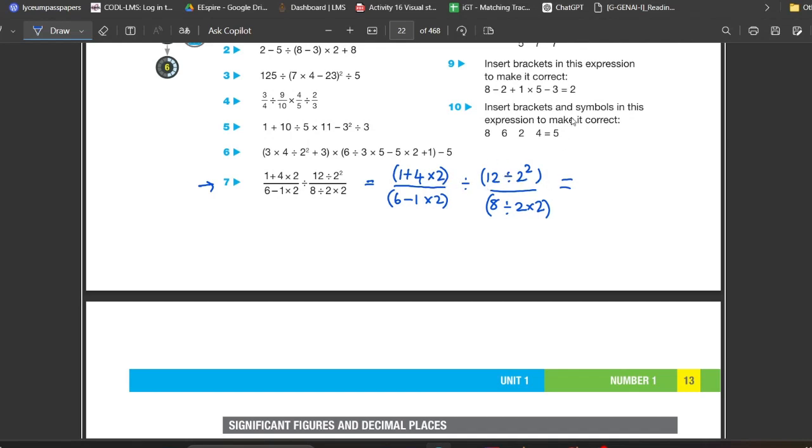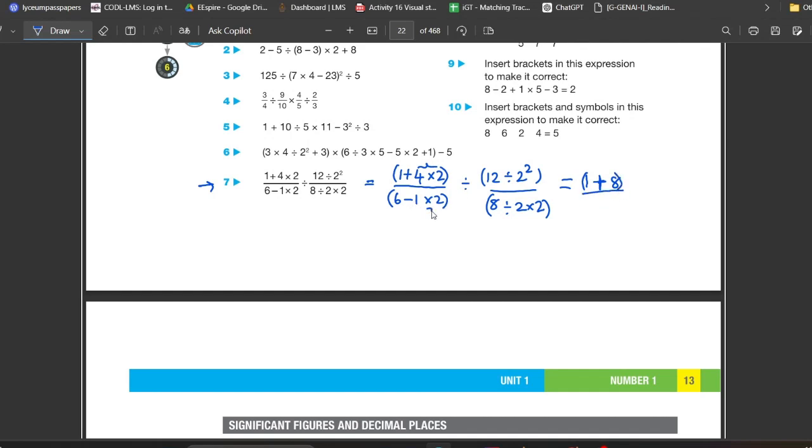Inside the bracket, doing the bracket means we have to get a single number for each bracket. So inside the bracket, using the order of operation, we determine what to do first. So 1 plus, here you have to do the multiplication first because it's higher in the order of operation. So 8, and still the bracket is there.